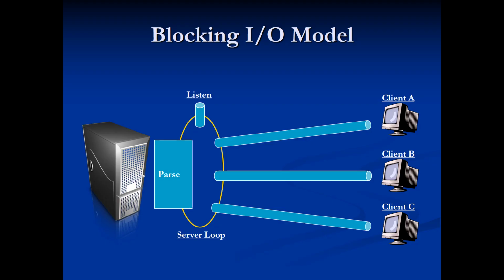There's no data to be processed, so it's just going to wait until some time later when client A sends something. Then it will process that data, copy it, return, and go on to the next step in the loop. Notice how, because there's no data from client A, it's stuck at client A, so client B cannot be processed and client C cannot be processed either.